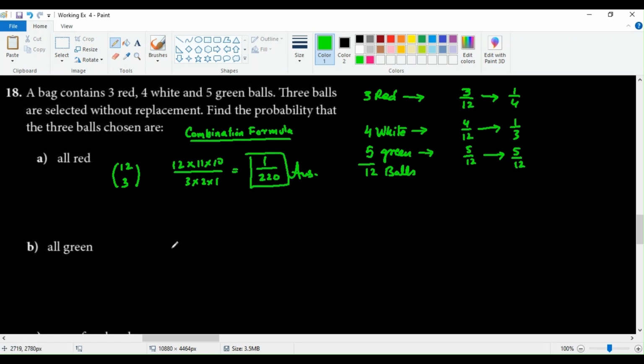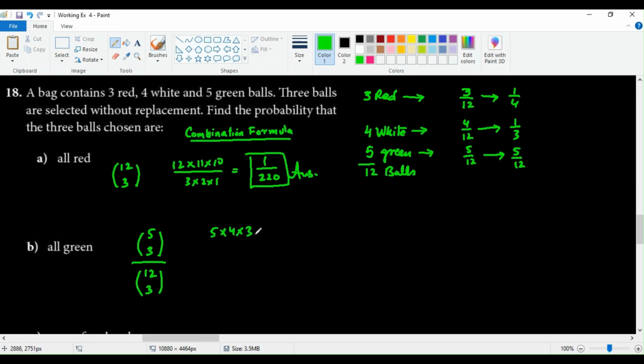Next is all green. The possibility of having all green is 5 choose 3, because there are 5 green balls, divided by 12 choose 3, because 5 balls out of 12. So the calculation is going to give us 5 times 4 times 3.